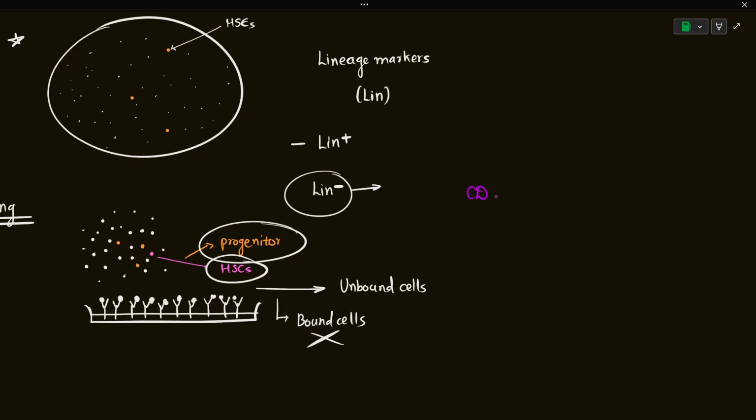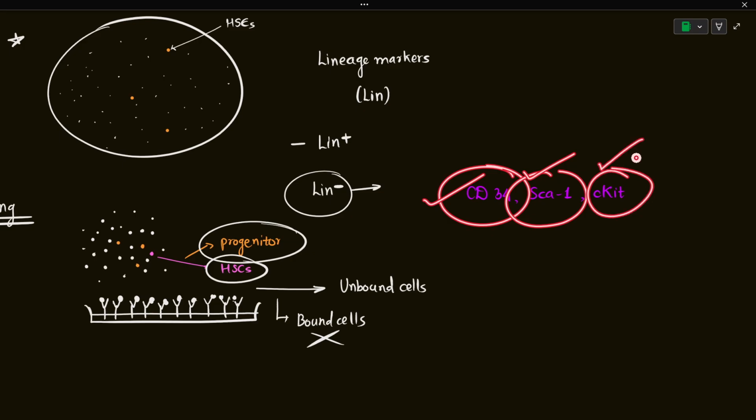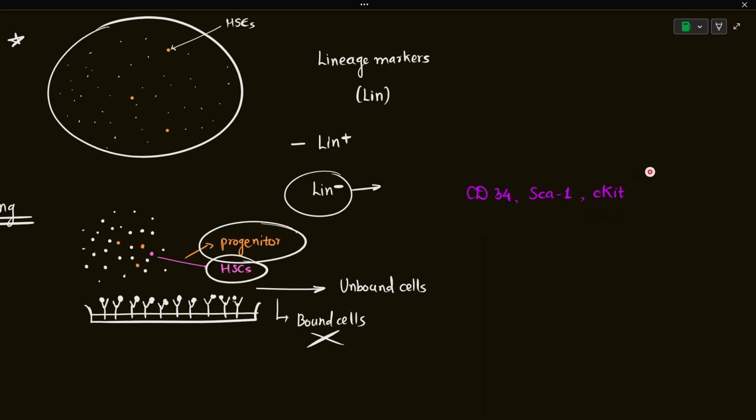If I say that a certain cell is CD34 positive, it means it is expressing CD34. It is also expressing SCA1, or c-KIT. This means that particular cell is a hematopoietic stem cell.